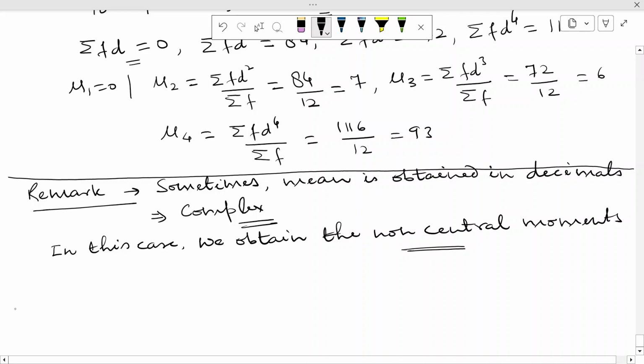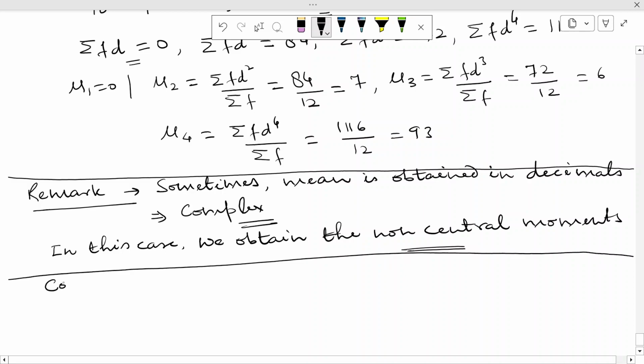Here we have certain conversion formulas. Conversion means we can convert non-central moments into the central moments.